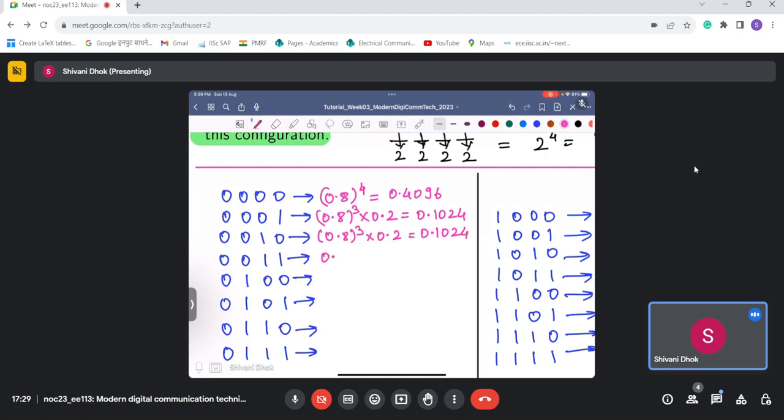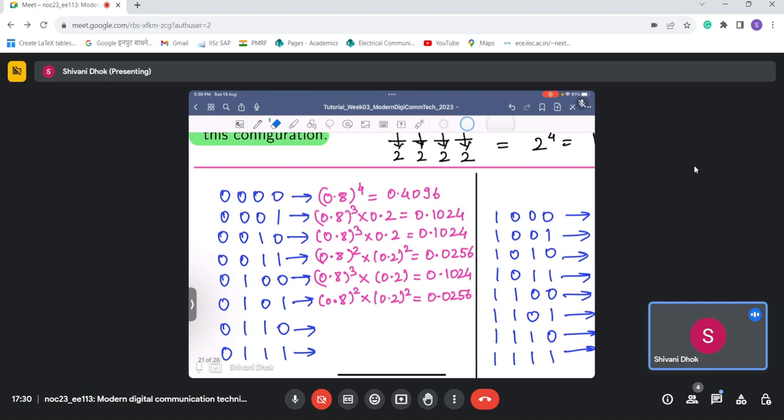Now here it is 0.8 square, 0 appears twice, into 0.2 square, which is 0.0256. Then here again 0 appears 3 times, so this is 0.8 to the power 3 into 0.2, which comes out to be 0.1024. Then again we have 0.8 square into 0.2 square, which is 0.0256.